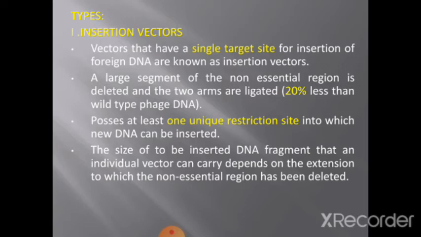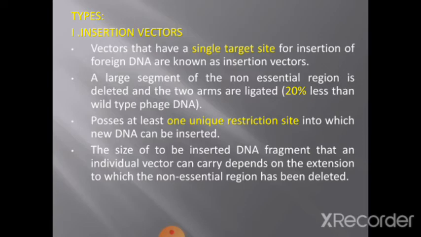What you do is, a large segment of this non-essential region is deleted and the two arms are ligated. When you do so, the genome size decreases by 20%. So such phages will have 20% less than the wild phage DNA.